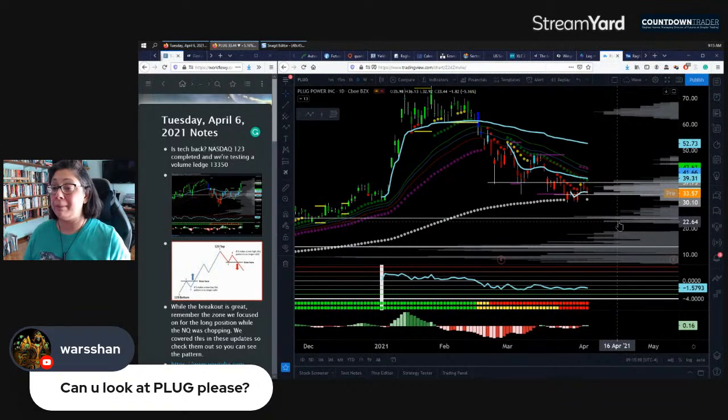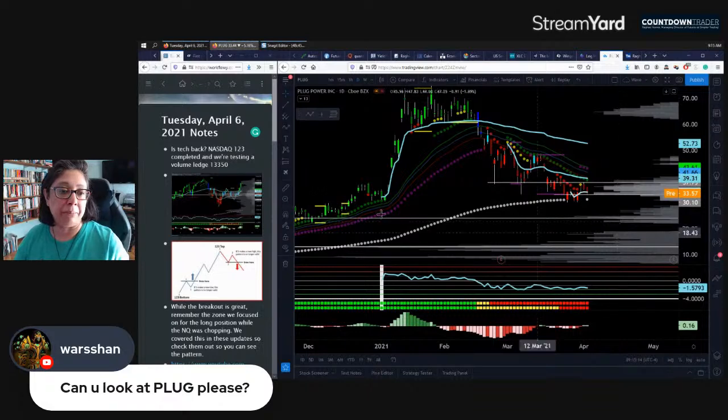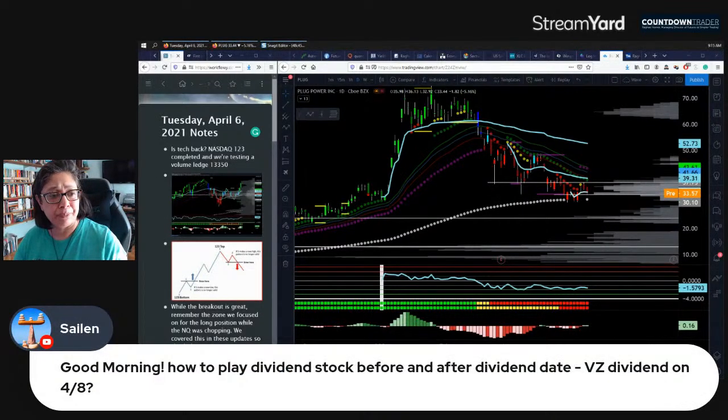This could be interesting, but we're a double red market right now. I would have to wait for a reversal. This is where, rather than the 1, 2, 3 continuation, this would be a 1, 2, 3 wave reversal potential. It's not there yet. I would be patient on Plug. What I mean by that is I don't have a setup right now, but I think we could just keep an eye on it and see how it develops.